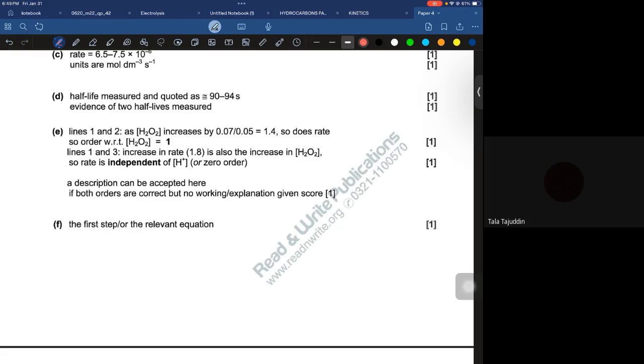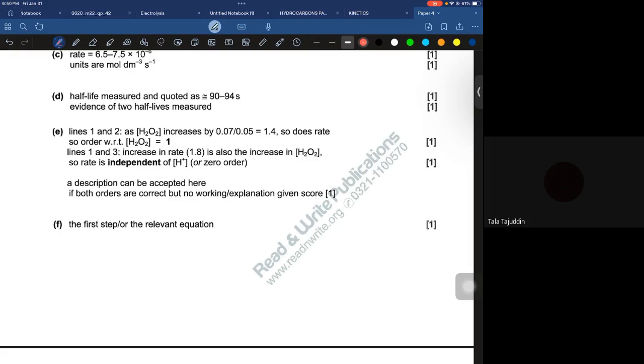What is the role of homogeneous catalyst? What is the role of heterogeneous catalyst? How does it work? Let's suppose in the contact process, all are gases, but V2O5 is solid. Then you have to categorize whether this is a homogeneous catalyst or a heterogeneous catalyst. This is the topic that we would be studying later on.